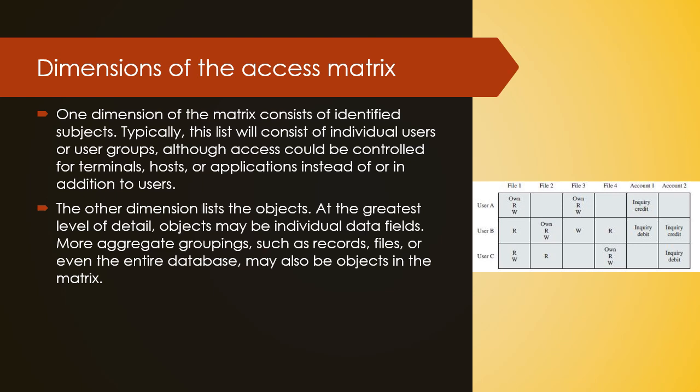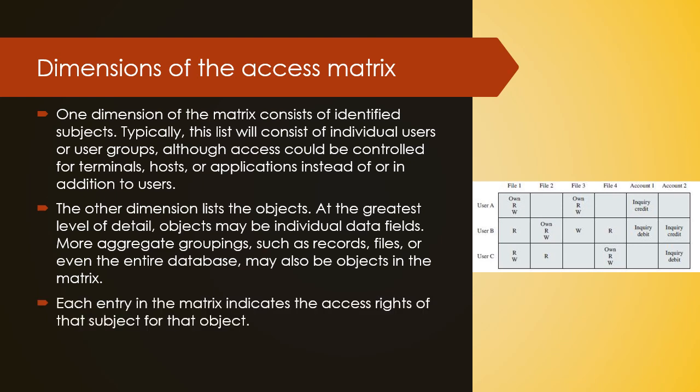At the greatest level of detail, objects may be individual data fields. More aggregate groupings such as records, files, or even the entire database may also be objects in the matrix. Each entry in the matrix indicates the access rights of that subject for that object. In practice, an access matrix is usually sparse.